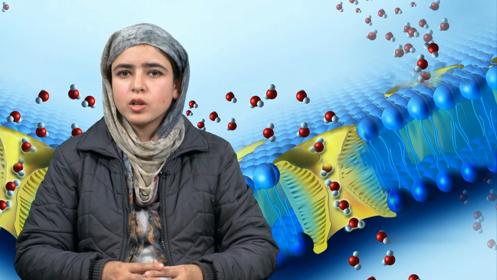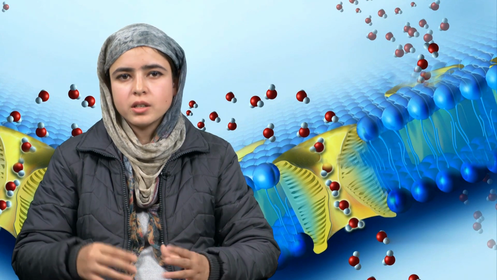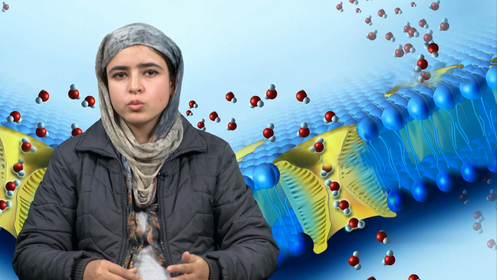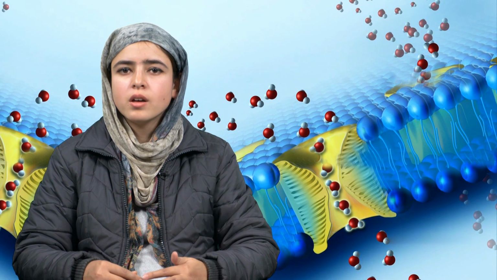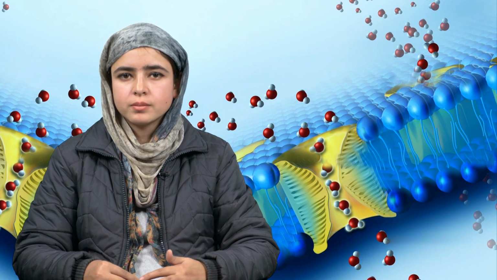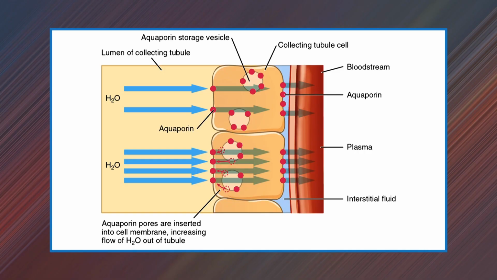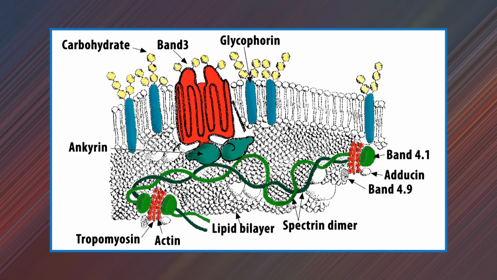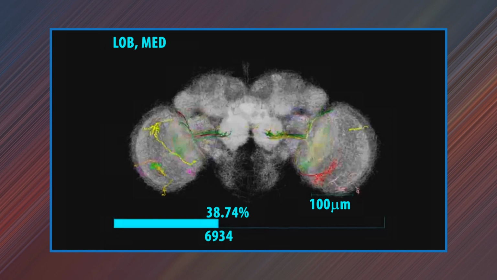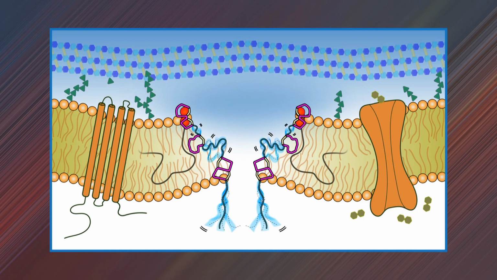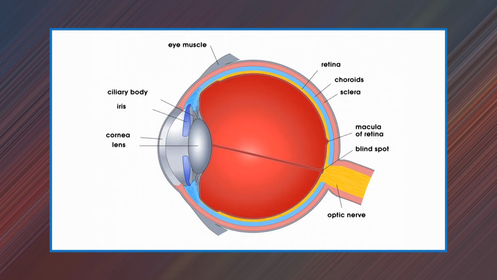At first, they thought it was an Rh molecule fragment or a contaminant, but it turned out to be a new kind of molecule with unknown function. It was present in structures such as kidney tubules, red blood cells, and related to proteins of diverse origins such as in fruit fly brain, bacteria, the lens of the eye, and plant tissue.